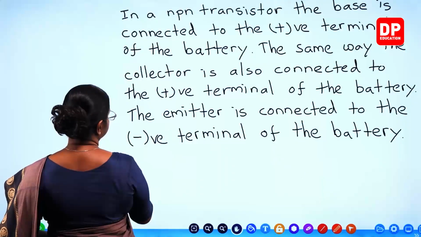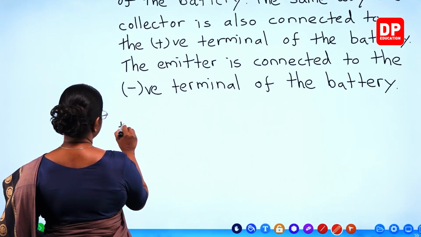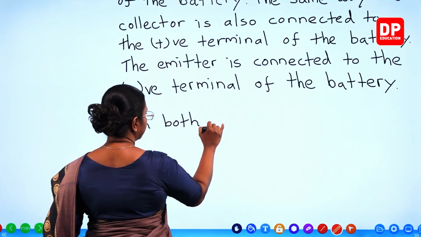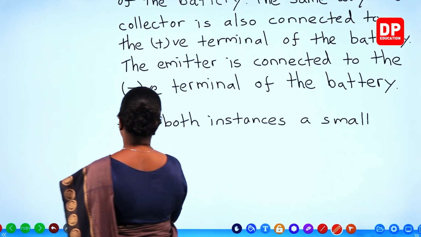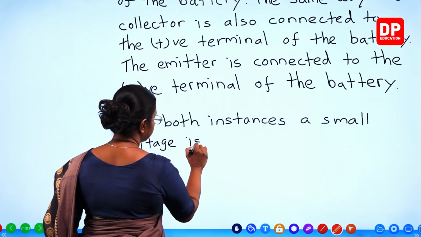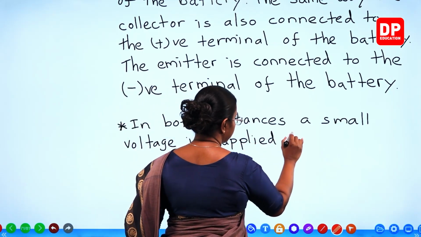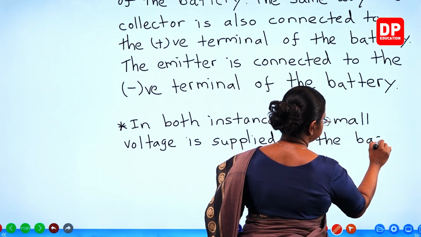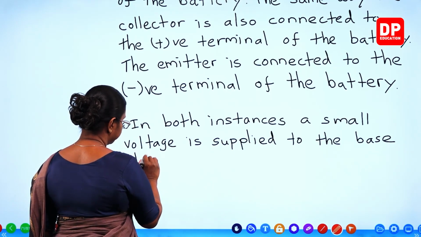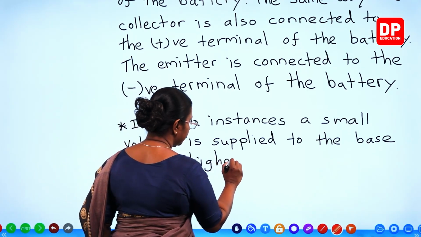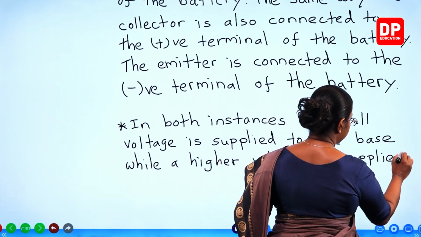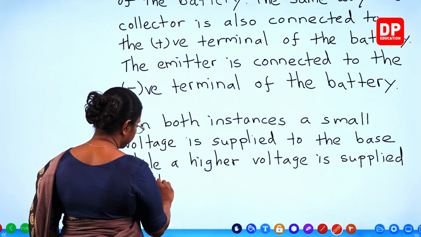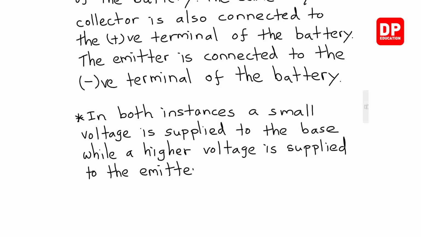So here you can say in both instances a small voltage is supplied to the base while a higher voltage is supplied to the emitter-collector circuit.